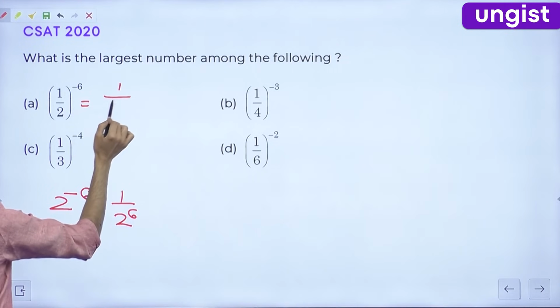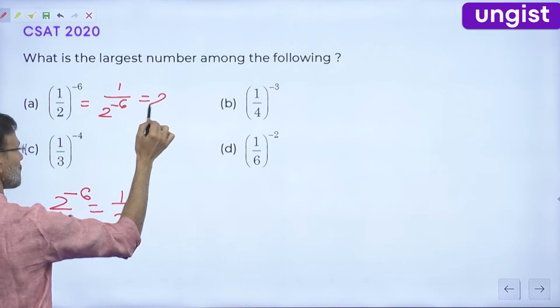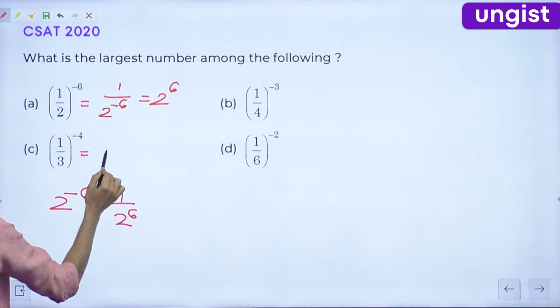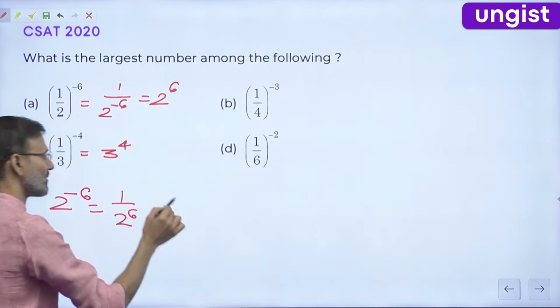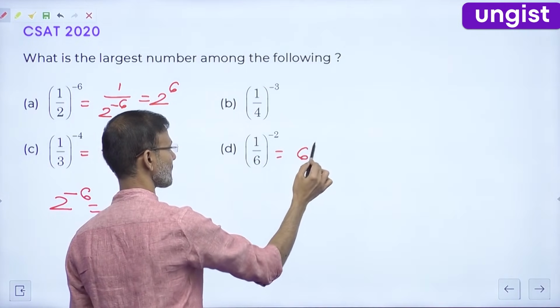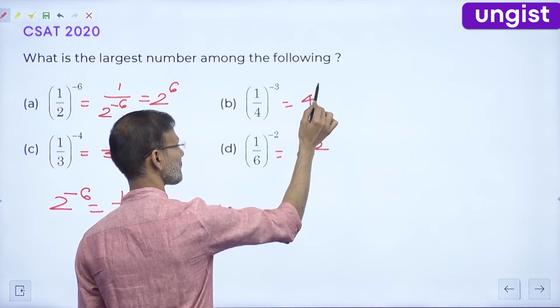So this is written as 1 divided by 2 raised to the power minus 6. So this is equivalent to 2 raised to the power 6. Similarly, this is equivalent to 3 raised to the power 4. This is equivalent to 6 square. And this is equivalent to 4 cube.